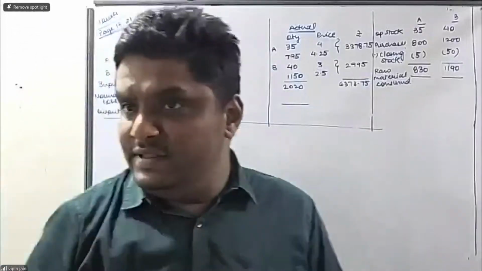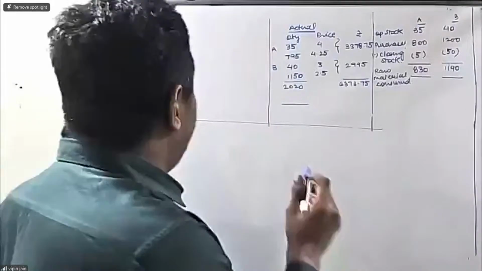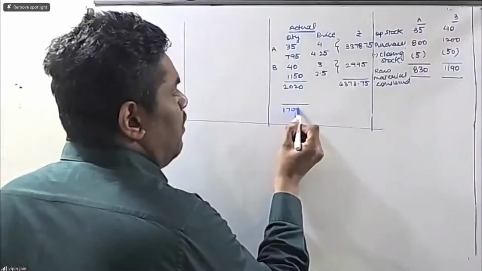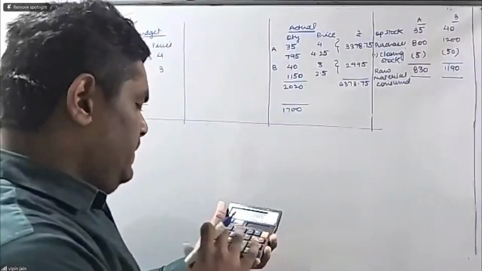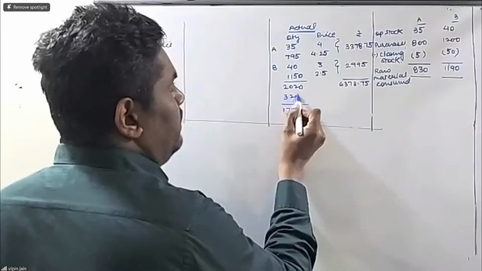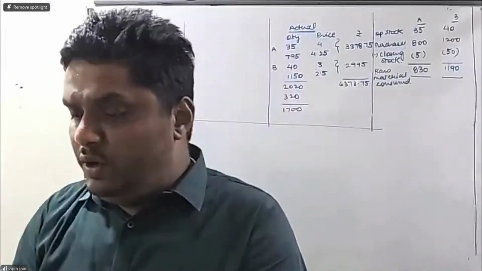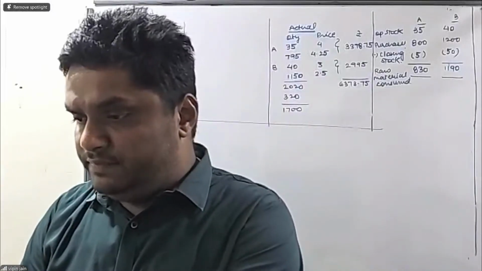My output is given straight away in the question. That is 1700 kgs. So my normal loss will be 320. If anyone has any doubts in this calculation, you can please post your queries.